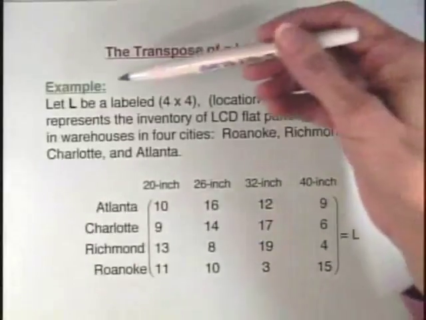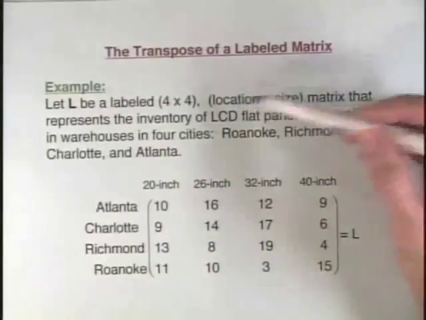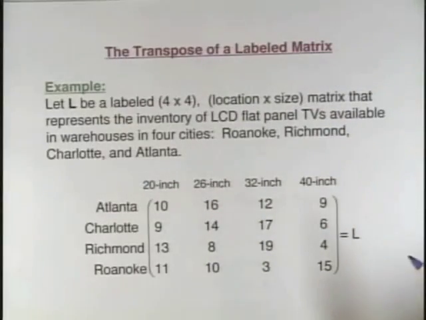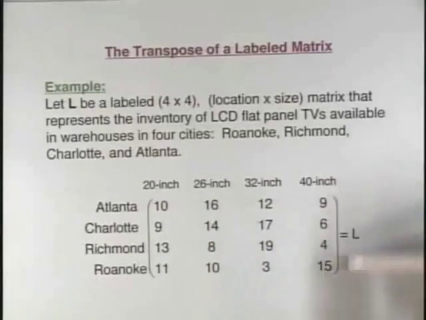Example, let L be a labeled 4x4 location by size matrix that represents the inventory of LCD flat panel TVs available in warehouses in 4 cities: Roanoke, Richmond, Charlotte, and Atlanta. The rows are labeled by the cities. The columns are labeled by the size of the TV.